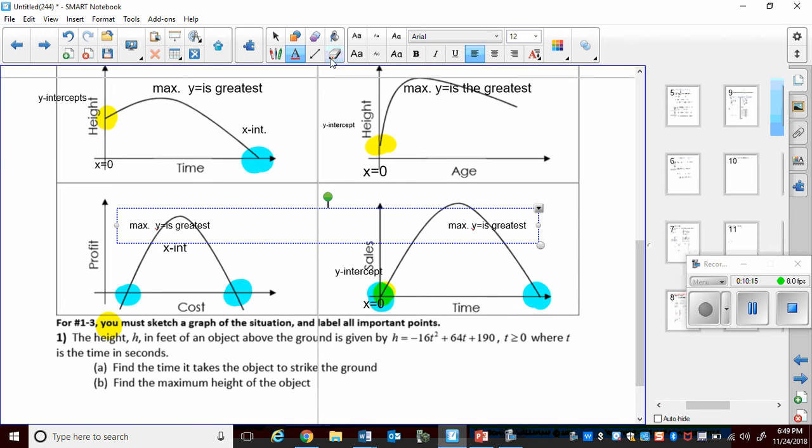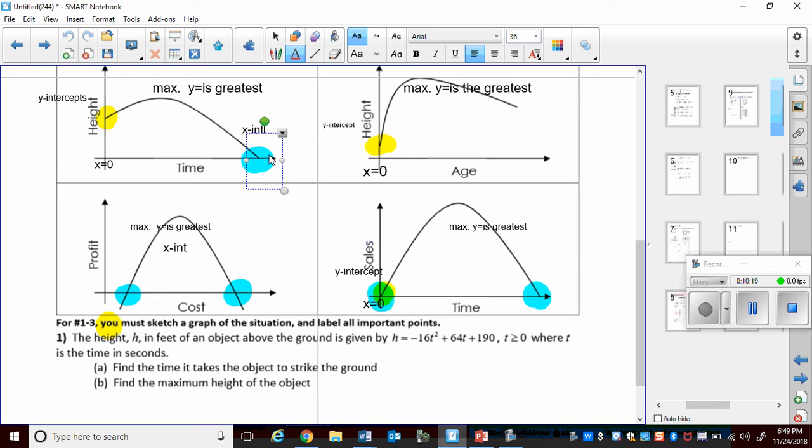But here at the end, this is the maximum x, so x is the greatest here. This would be like the max time, for instance, the maximum time. For y, it would be like the maximum height.